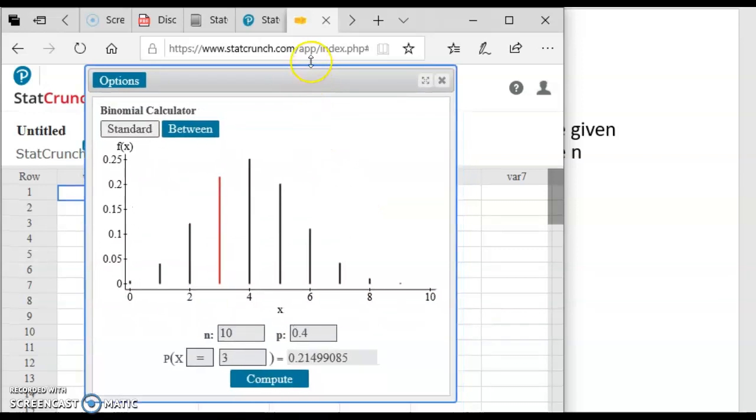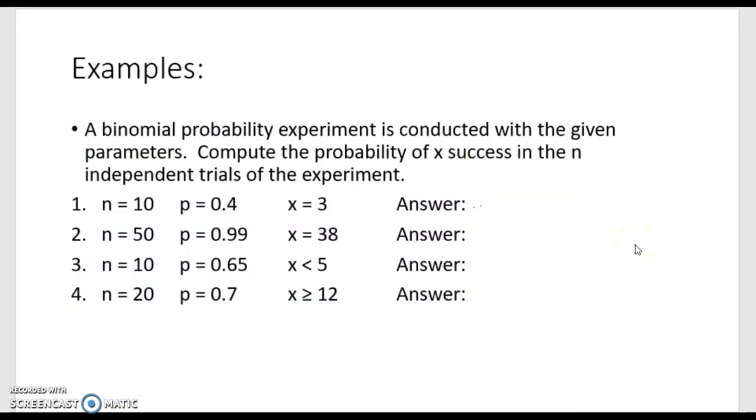Let me move the calculator. I'm going to round this to 4 decimal places, so we get 0.2150. The notation we're going to use is P of X equals 3. That means we want exactly 3 successes, whatever a success is defined to be here.